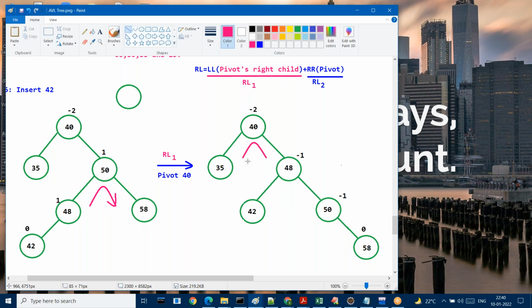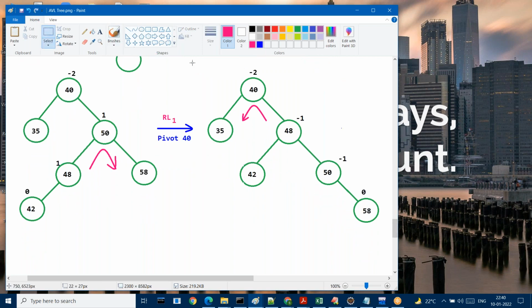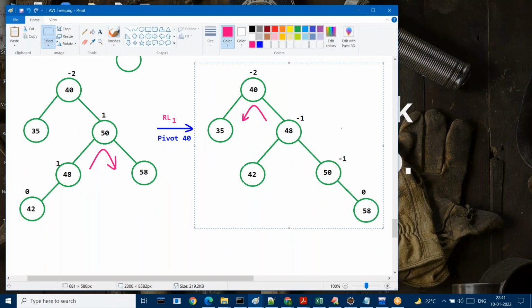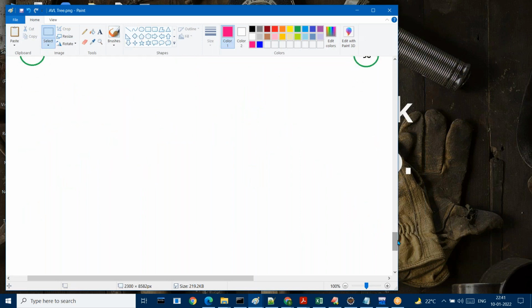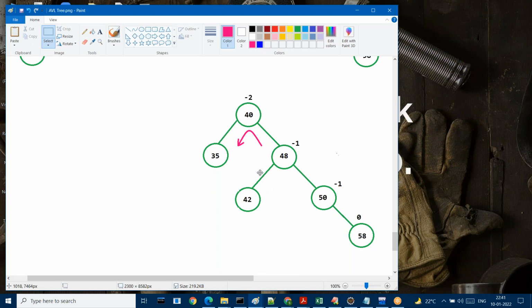So if you make an anti-clockwise rotation, from here, tell me, students, who will be coming at the root? You are making an anti-clockwise rotation with respect to the pivot. Yes, 48 will be coming at the root. Sir, if 48 is coming at the root, observe here.